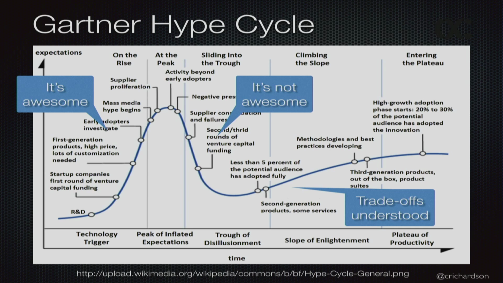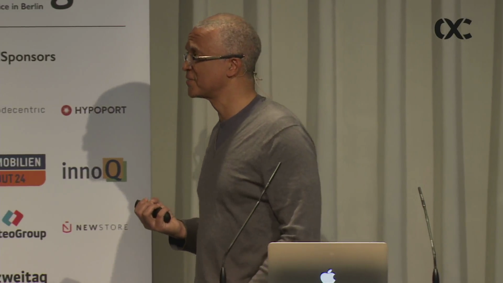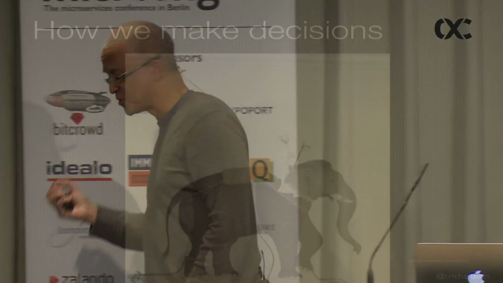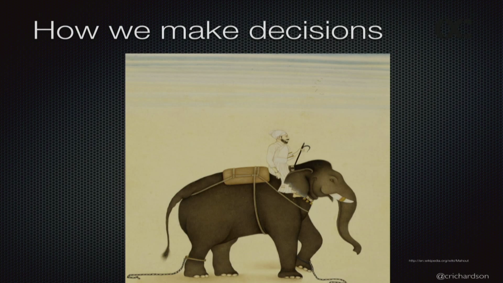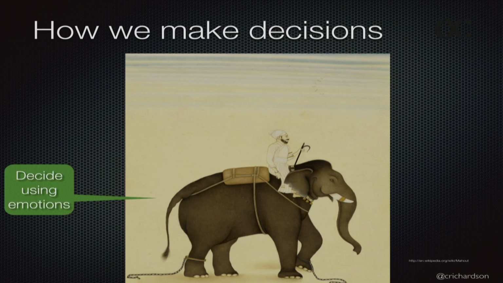Why is this? Well, cognitive psychologists use a metaphor to explain how the brain works: an elephant and a rider. The elephant represents the emotional part of our brain. It turns out we are emotional beings, and that's how we make decisions.